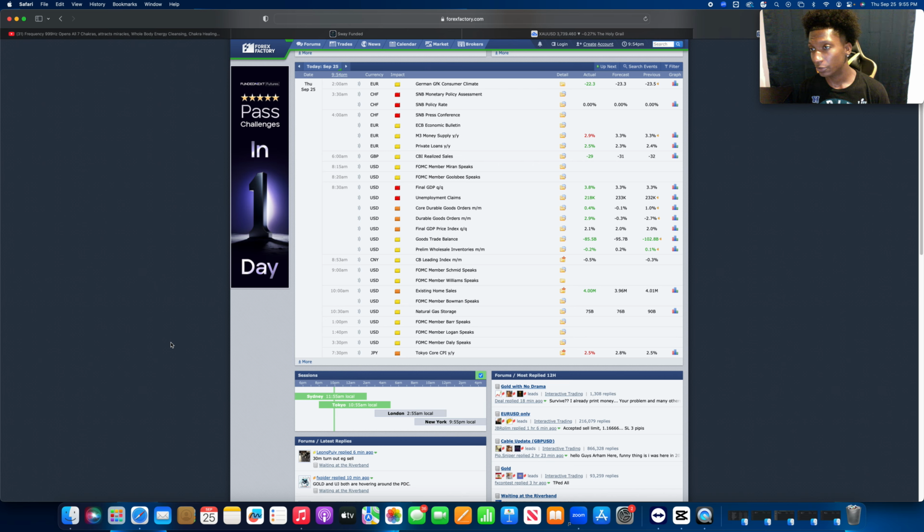When you are trading during the London session, all Great British Pound and Euro pairs will see the most volatility and movement. And of course, when you're trading during the New York session, all USD pairs will move, all Canadian dollar pairs will move.